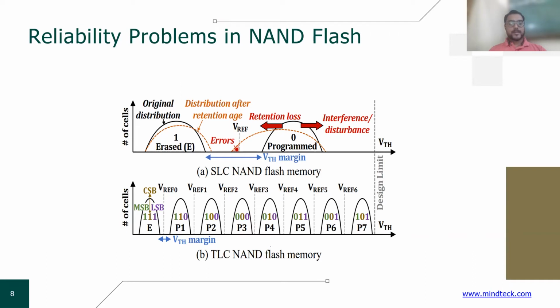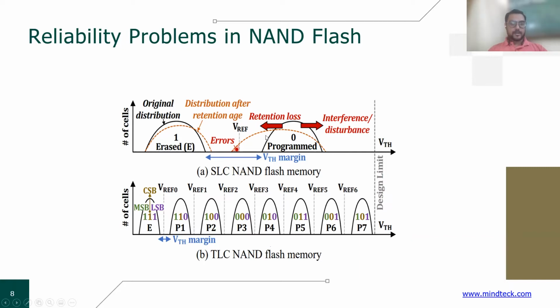Reading or programming a flash cell slightly increases the threshold level of other cells in the same block, as we can see here, and that is called read disturbance.